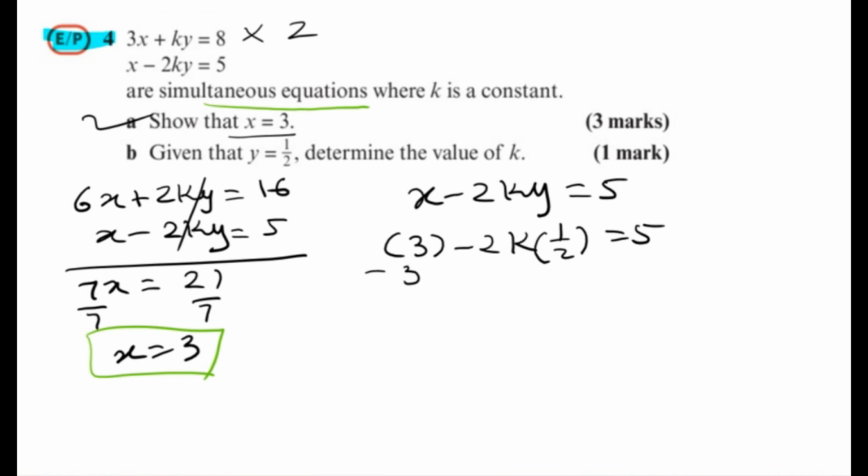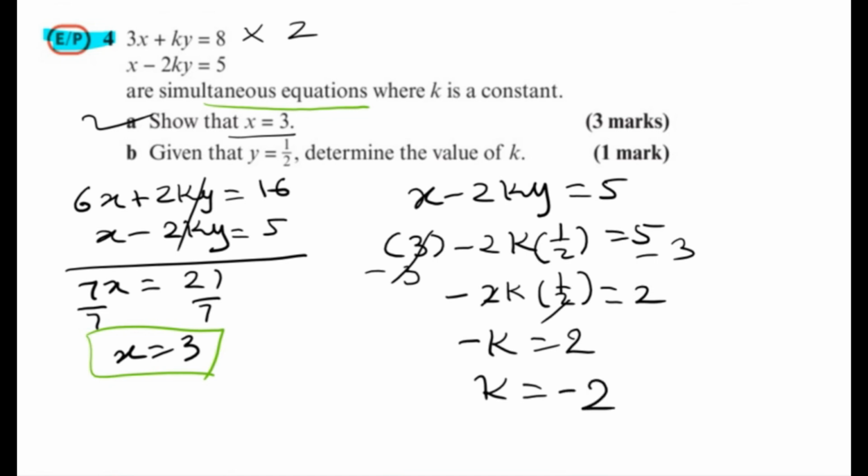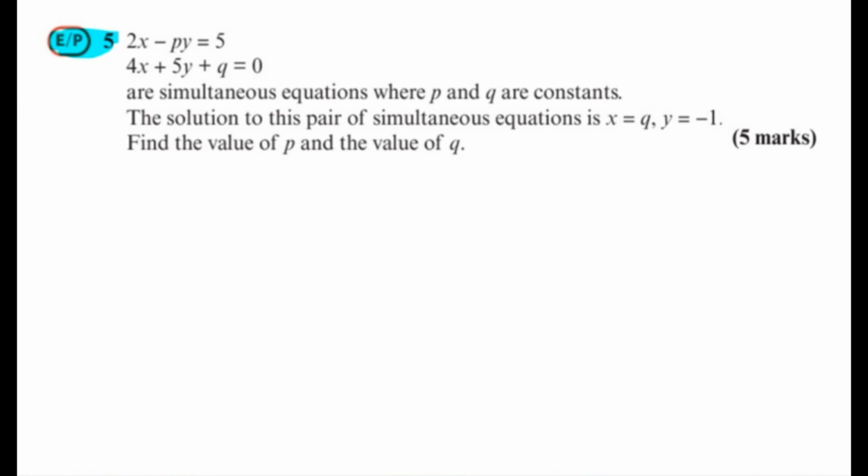I will do minus 3 both sides. So that will cancel. So minus 2k times half is equal to 2. Now 2 times half, the 2 will cancel. So minus k is equal to 2. That means k is equal to minus 2. If there is a minus k is equal to 2, you can change the sign. So the final value of k is k is equal to minus 2.